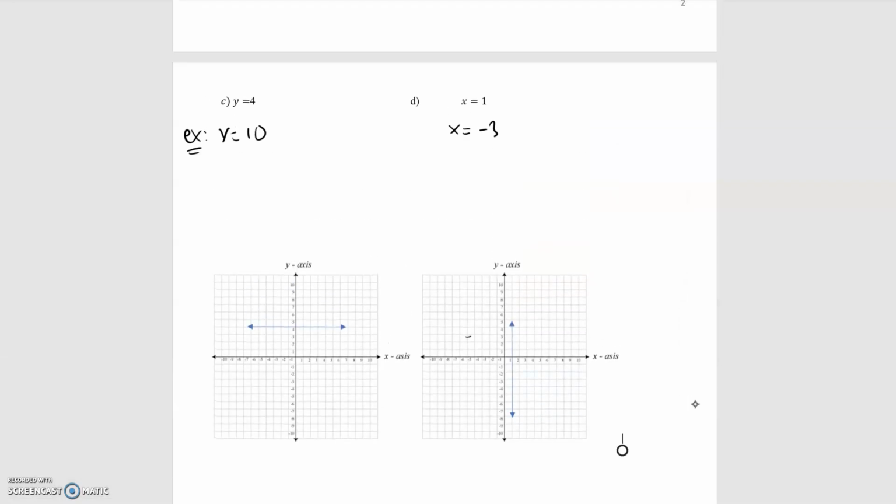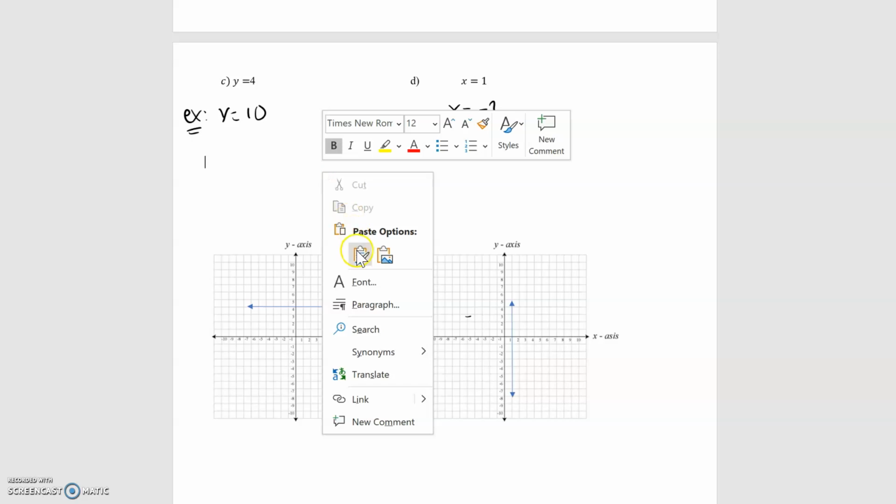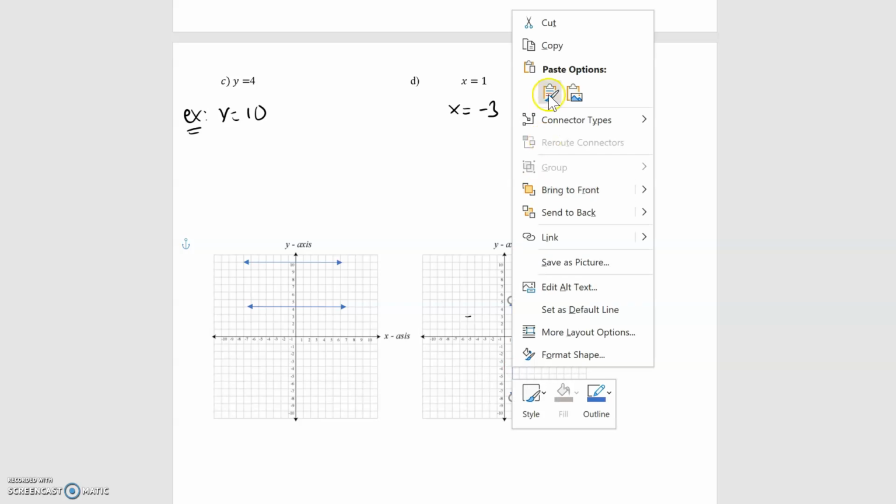Let's say -3. So those two are going to be parallel. And let me graph y is equal to 10. So let me just copy this one, paste it. In this case, y is equal to 10 is going to be up here. Once again, these lines are not going to intersect.